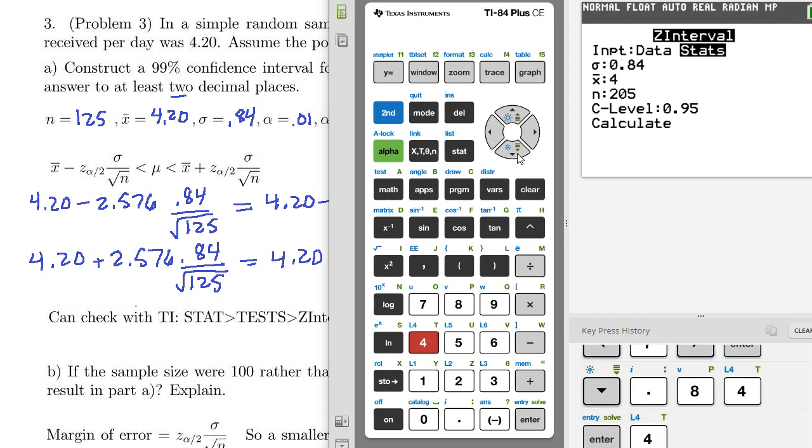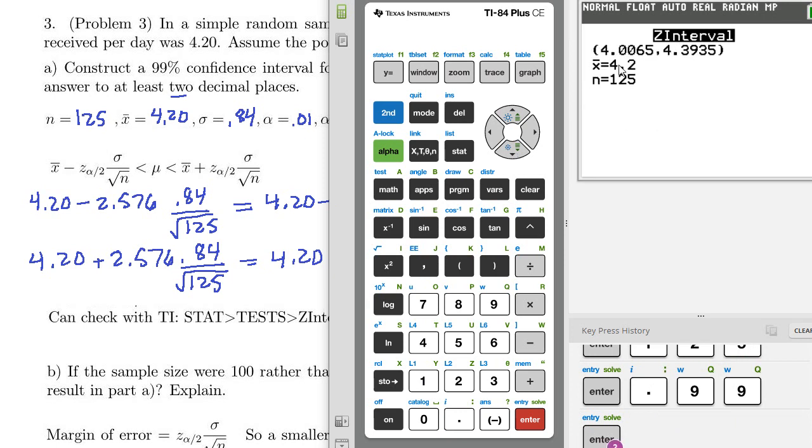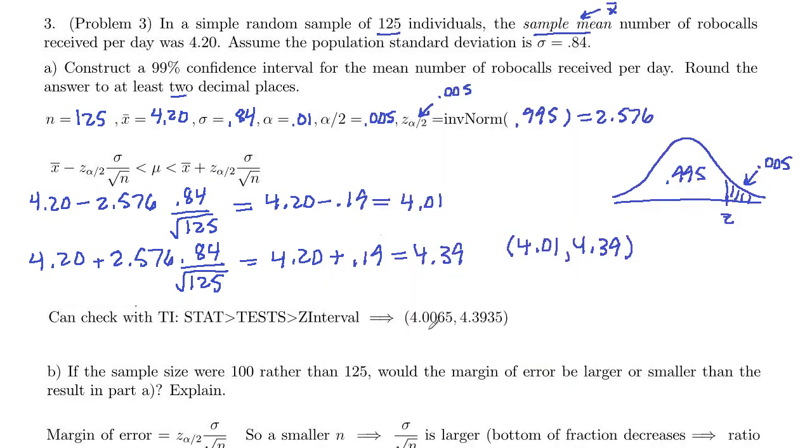Our x bar, 4.2. Our sample size, 125. And then our confidence level was 0.99. And then calculate. So 4.0065 to 4.3935, which is right here. And that is agreeing to 2 decimal places with what we did.